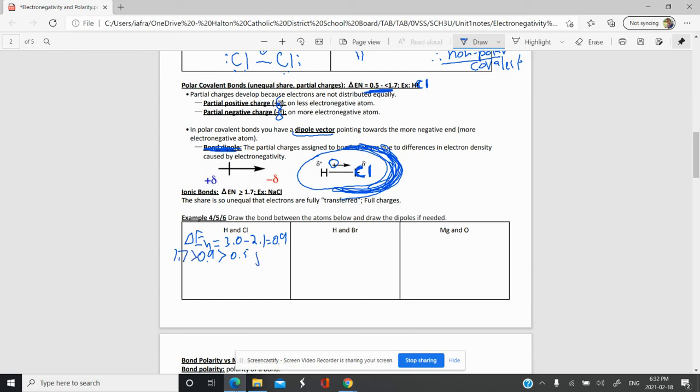So this means that we have a polar covalent bond that exists in the HCl molecule.